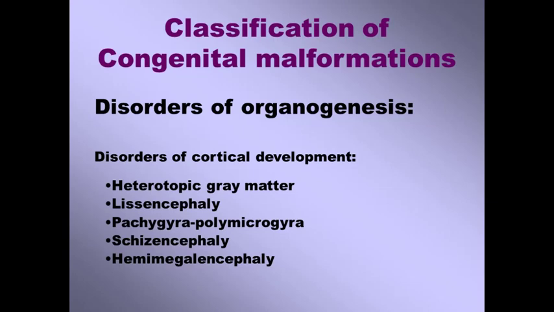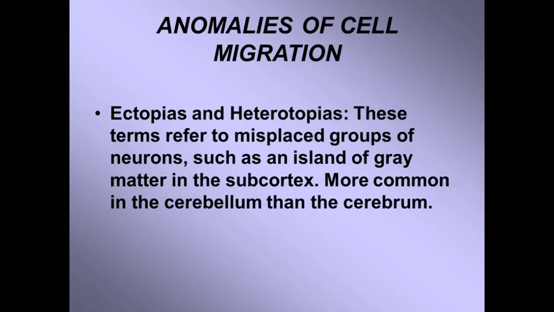Disorders of organogenesis: disorders of cortical development, including heterotopic gray matter, lissencephaly, pachygyria, polymicrogyria, schizencephaly, and hemimegalencephaly. Ectopia and heterotopia refer to misplaced groups of neurons, such as islands of gray matter in the subcortex, more common in the cerebellum than in the cerebrum.